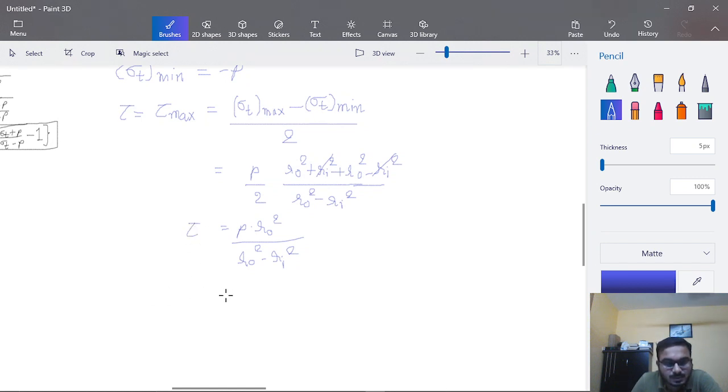However, we can now further modify this equation to include the thickness T, Ri plus T whole square divided by Ri plus T whole square minus Ri square into tau.